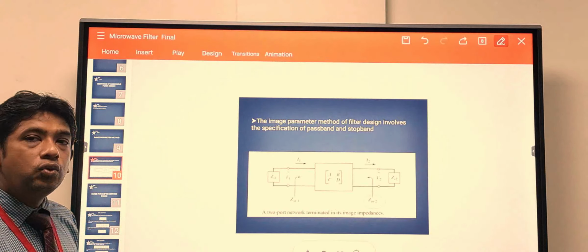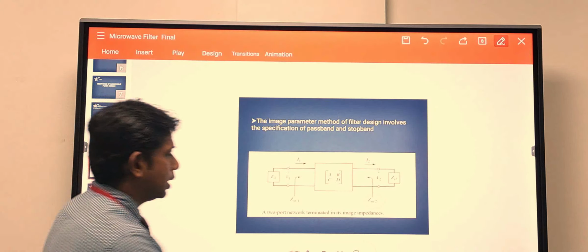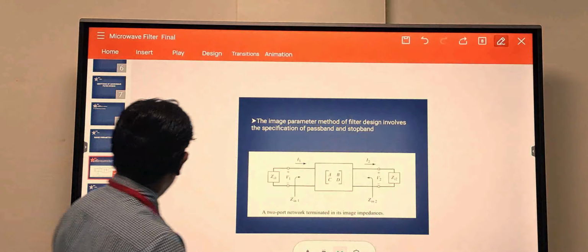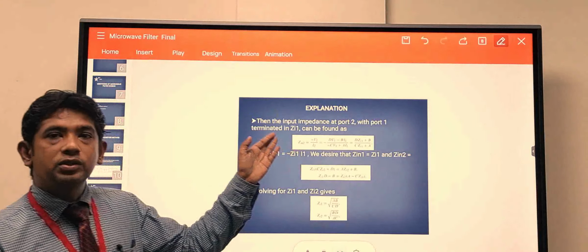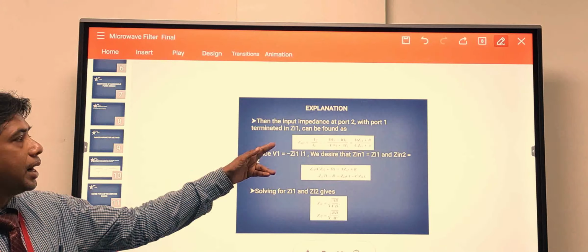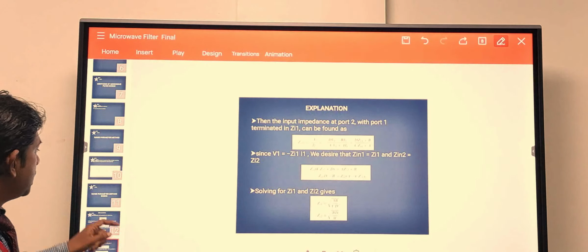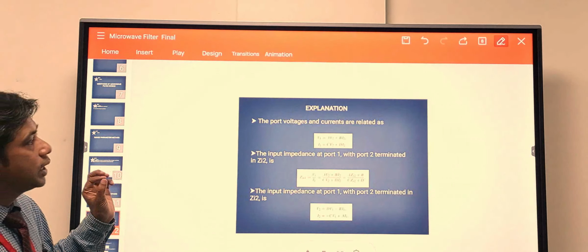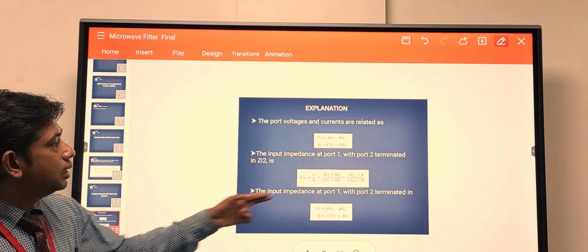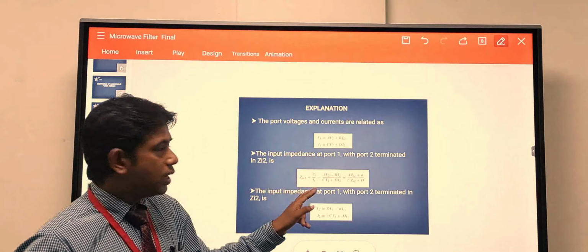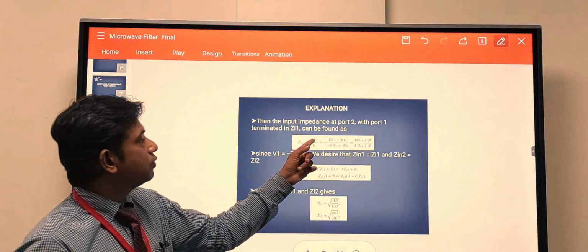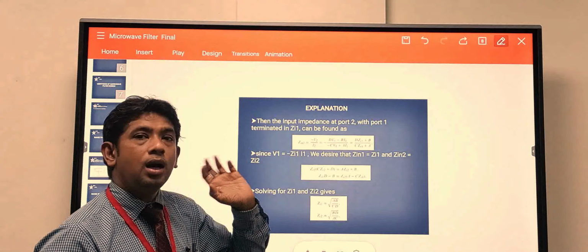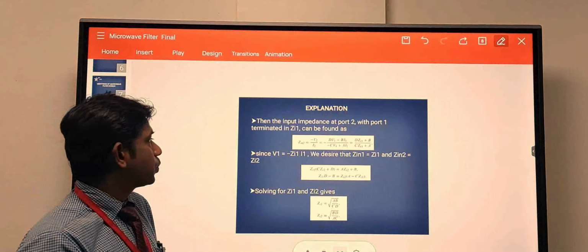This Zin can be implemented in the same way how we found Zin1, and because it is in the opposite direction, minus V2 by I2 will be the equation. As you can see, when we started, for port 1 it was V1 by I1. For port 2 it is in the opposite, V2 by I2 represented by a negative sign.